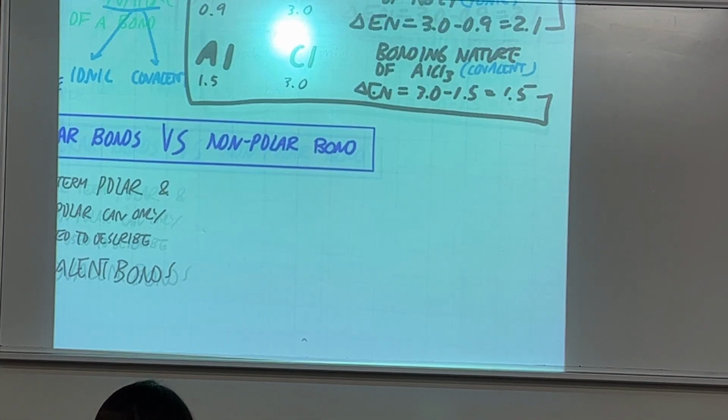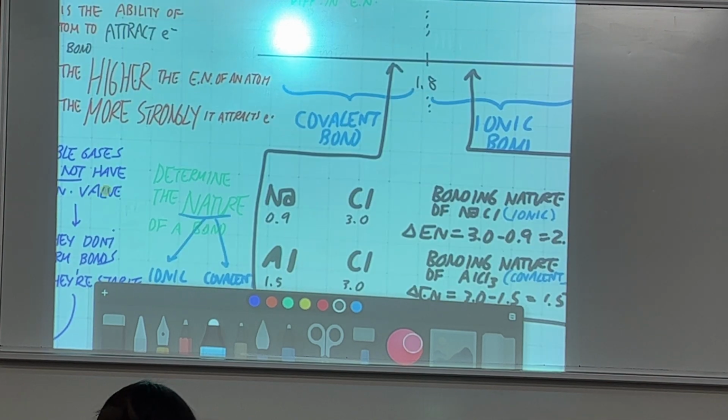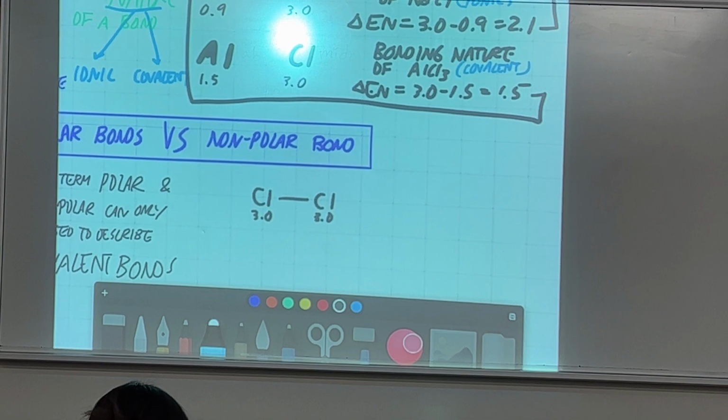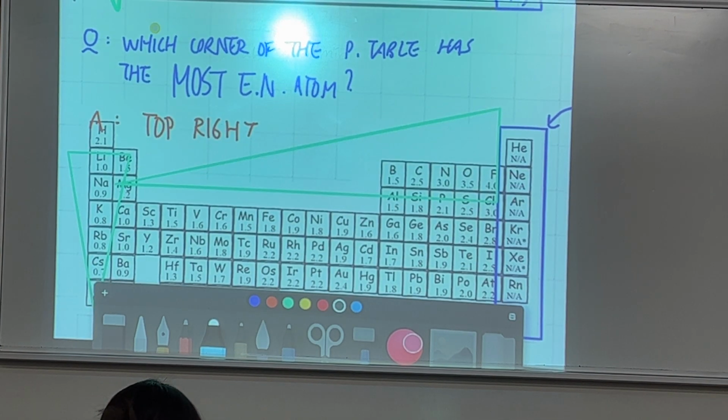Let me use two very simple examples here. The Cl-Cl bond is a covalent bond because the difference in electronegativity is zero, you don't even have to calculate. When the difference is zero, it must be a covalent bond, and zero is less than 1.8. But when you have HCl, it is still a covalent bond. What is the difference in electronegativity?